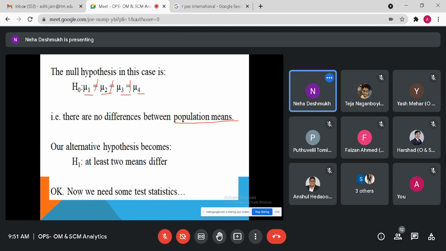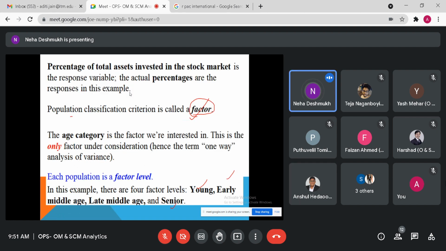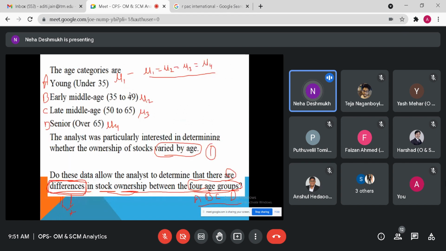Class, are you with me? Ma'am, can you tell it once again, please? See, what we want to check? We want to check whether there are differences. That's the reason I repeat this slide a number of times. Four categories are there in the case study.